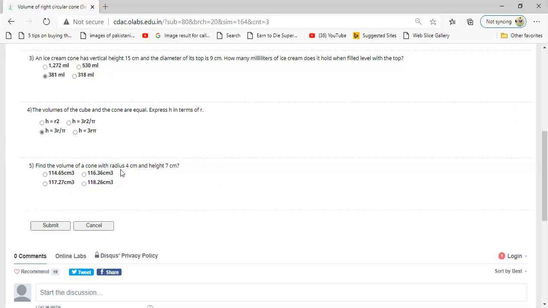Find the volume of a cone with radius and height. So radius is 4, so 4 into 4 into 7 into 3.14 divided by 3, so 117 point something.